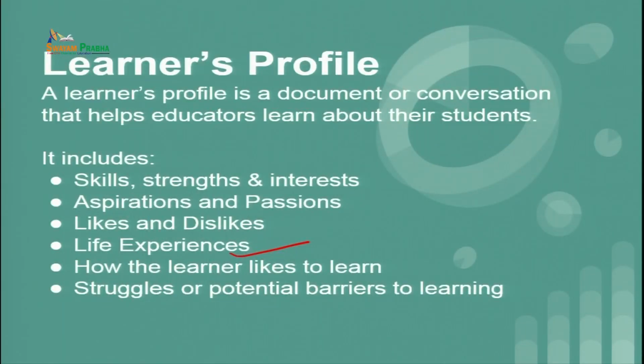Now, one important component, as mentioned here in the slide, is how the learner likes to learn. In the last session, I discussed the auditory and visual inclination of the learner.